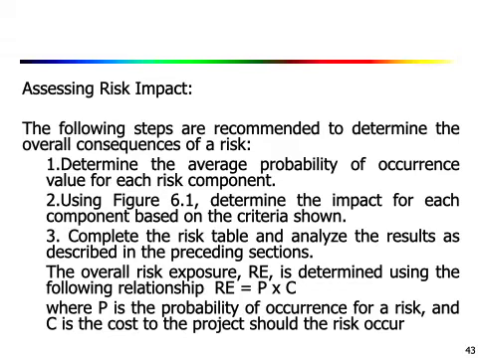Then you can find the overall risk exposure. Overall risk exposure RE is determined using the following relationship, that is RE equals P times C, where P is the probability of occurrence for a risk and C is the cost to the project should the risk occur.